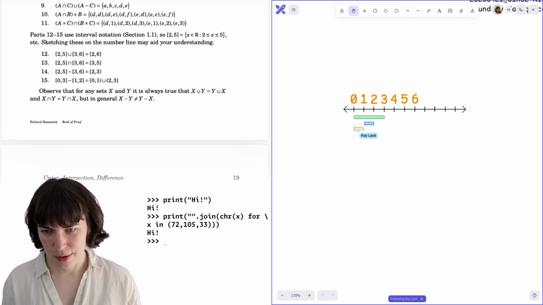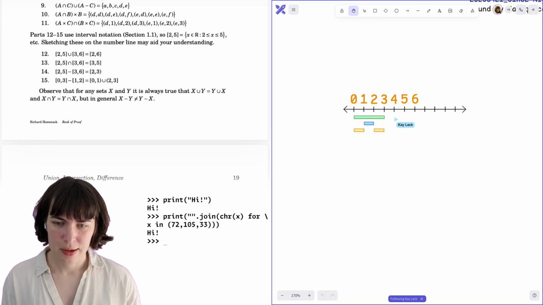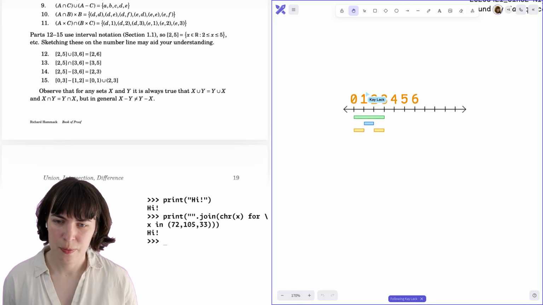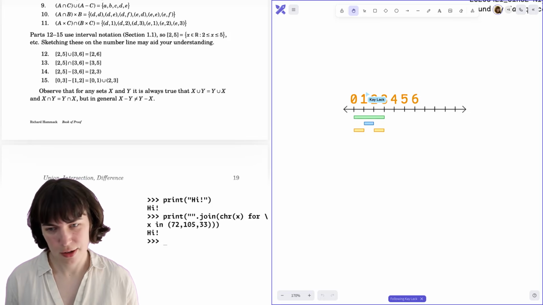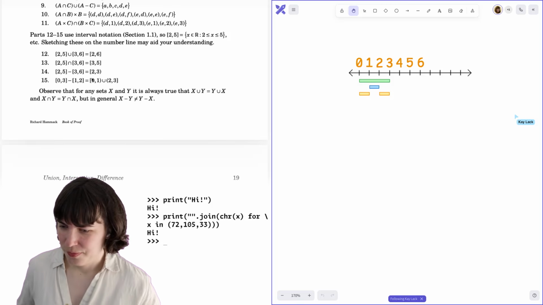So we're going to end up with this, and then this, and so we're going to get 0 to 1, but not including 1, so that's a half open interval. And then 2 to 3, half open, but at the start. So it's going to be a round bracket at the start. That's what we've got.